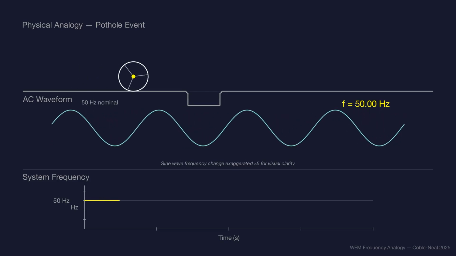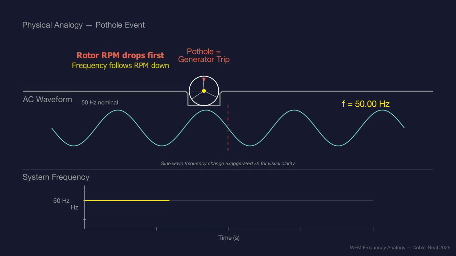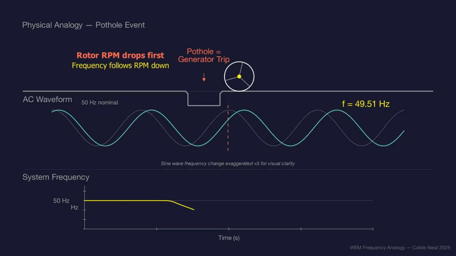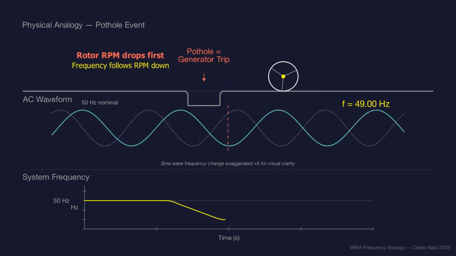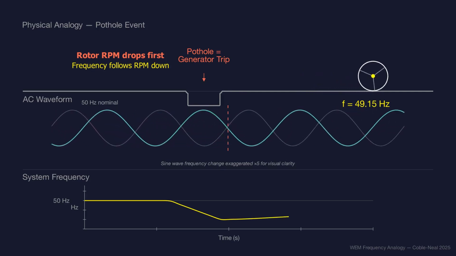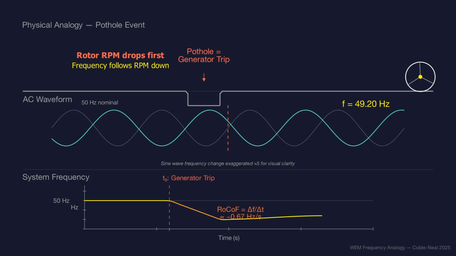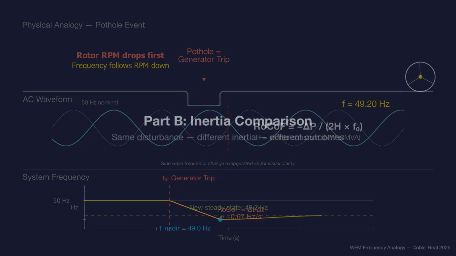This reinforces the link between physical forces and electrical flow. When the wheel hits a pothole, it disturbs the AC waveform, causing a frequency deviation. Note that the system frequency dips and recovers slightly, but remains permanently below 50 Hz. This is not good in an electrical system, since it will affect every machine, slowing them down.